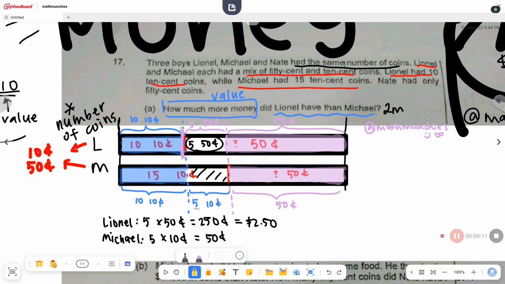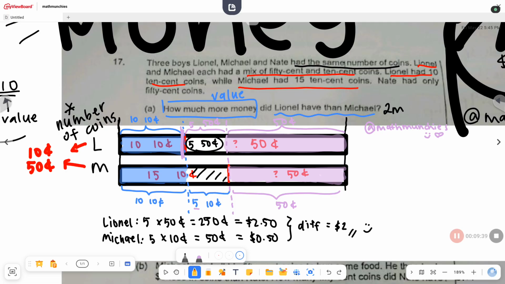And 50 cents is $0.50. So far, so good. And what did the question ask for? How much more, which is the difference in the value, right? So how much would that be? $2.50. Yes, done, finish. The end. You know how to do it now? Amazing, right?